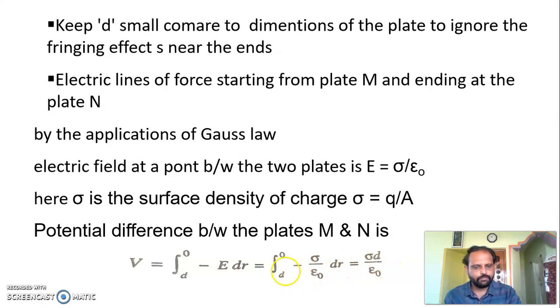Applying the limits from d to 0, the upper limit is 0, so we get 0 minus d. That equals sigma d divided by epsilon naught, because minus into minus is plus. So we got the potential difference between the plates M and N: V is equal to sigma d divided by epsilon naught.